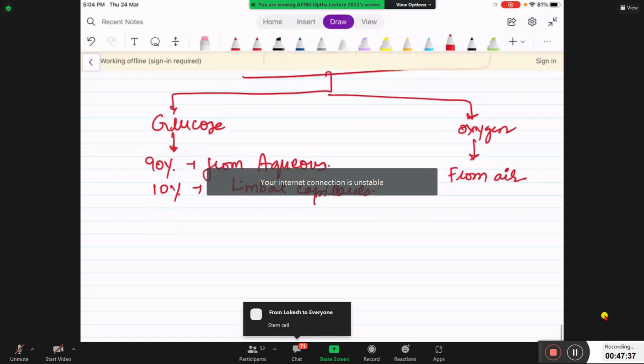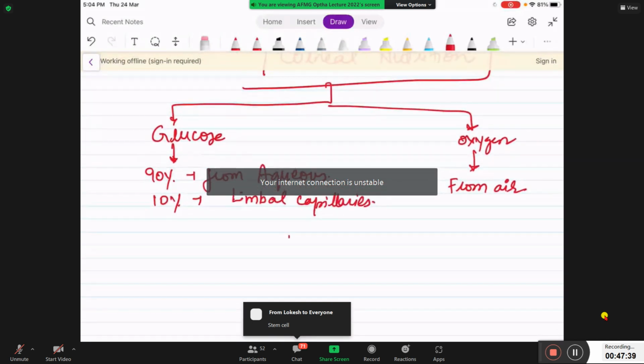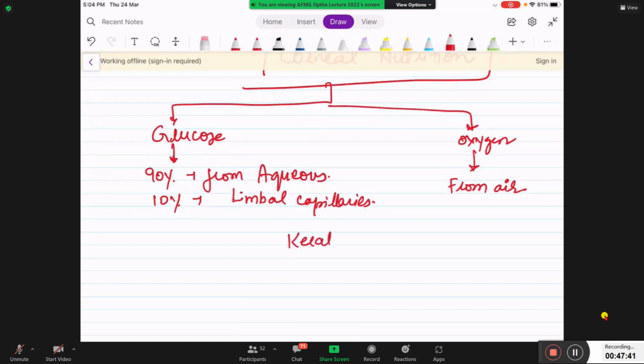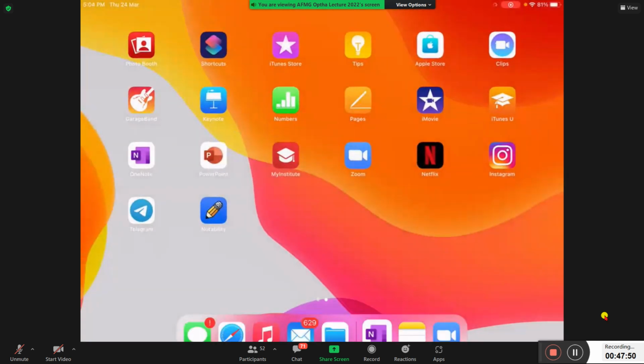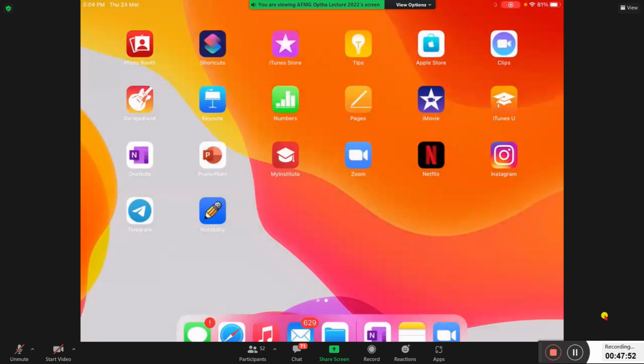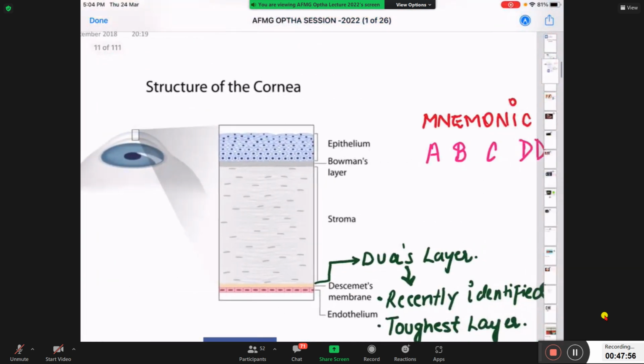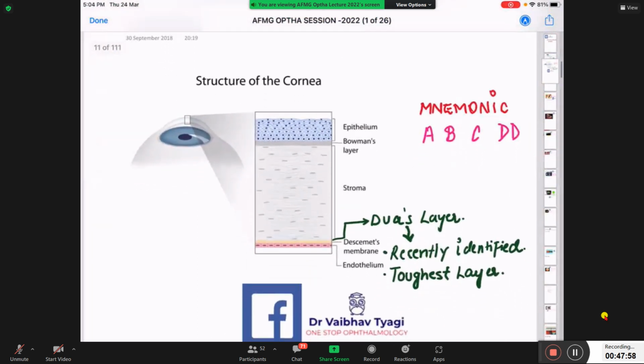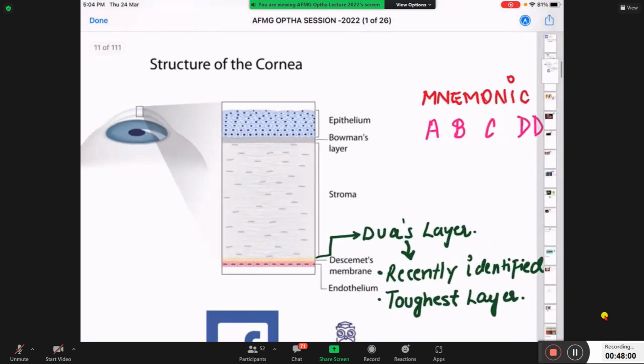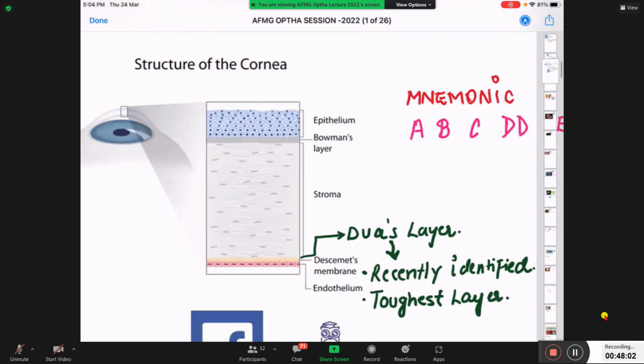Next, write down, after corneal nutrition, next terminology is keratometry. I'll show you the corneal images. If you see the structure of the cornea, these are the 6 layers of the cornea as we have discussed.